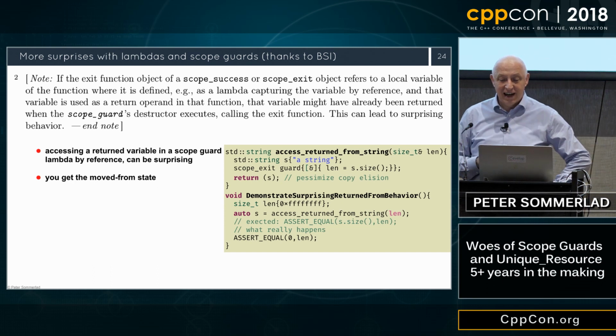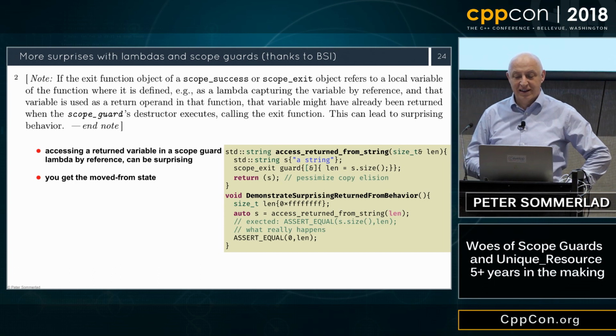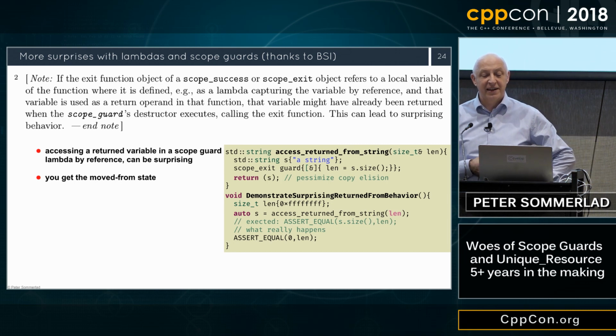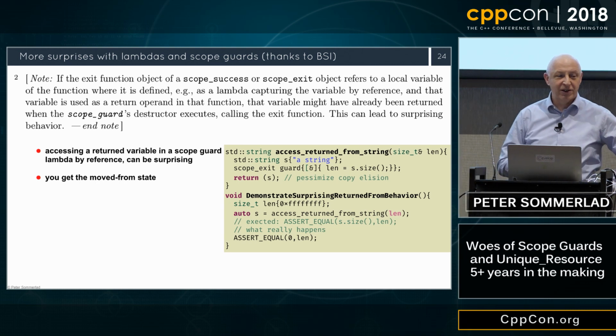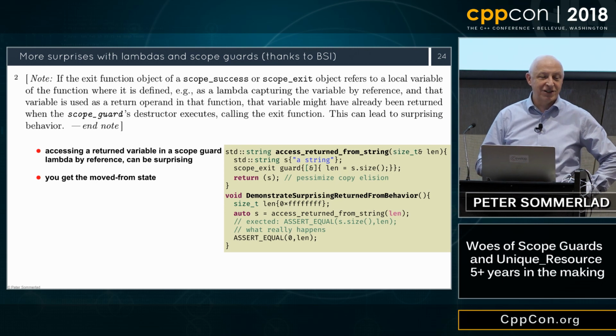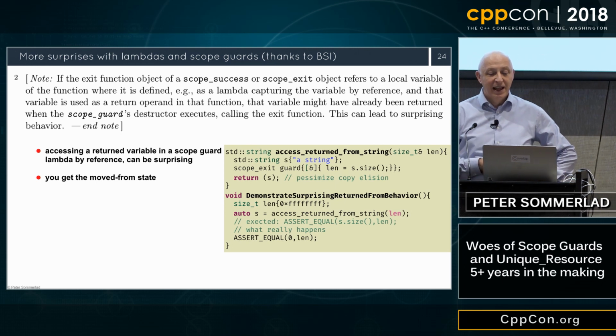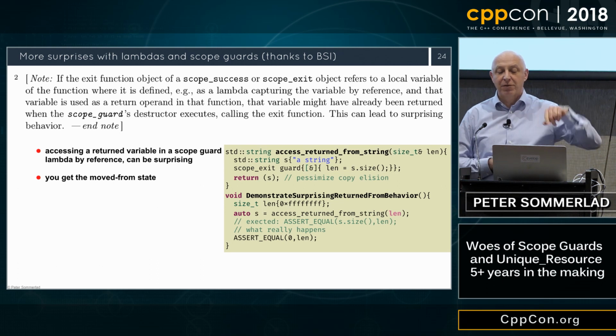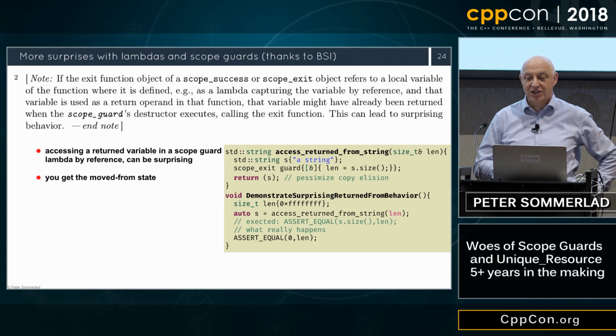And I tried hard to figure out a version where it works. And fortunately, the implementation of the string class that I had has a destructive move. But you have to guarantee that it's actually copied or moved, and that's by the parentheses I put around the return. Never ever do that at home because it hinders all optimization of copy elision. But what you expect would be that the length that you pass back from the access-returned-from string function is actually the actual length of the string, but it isn't.